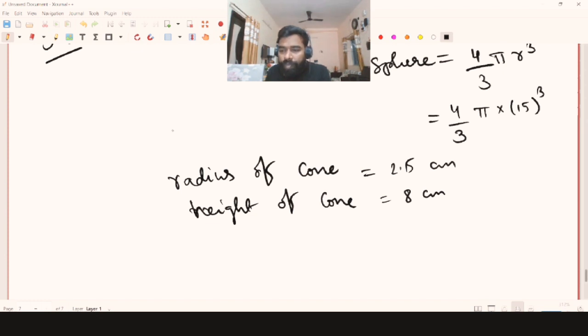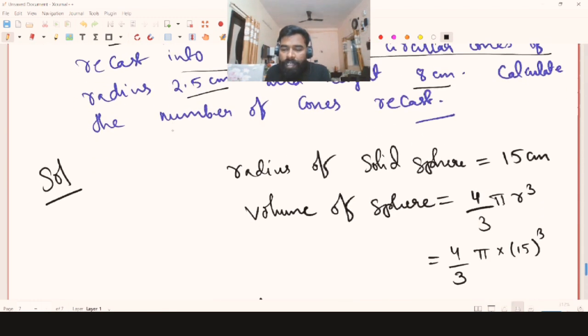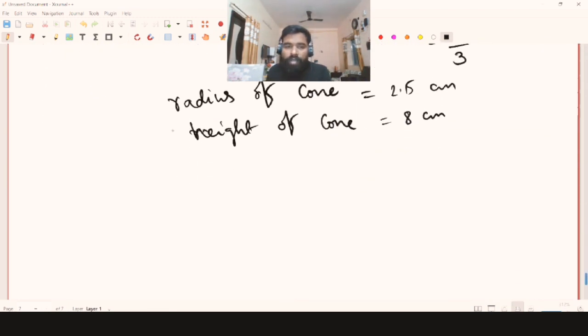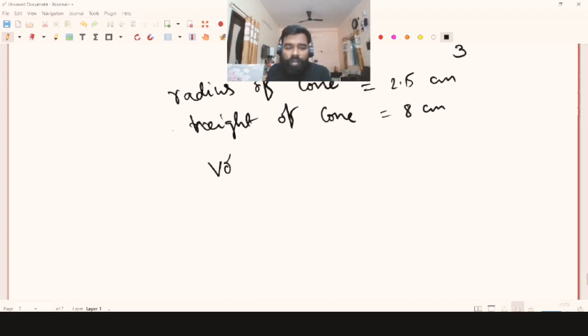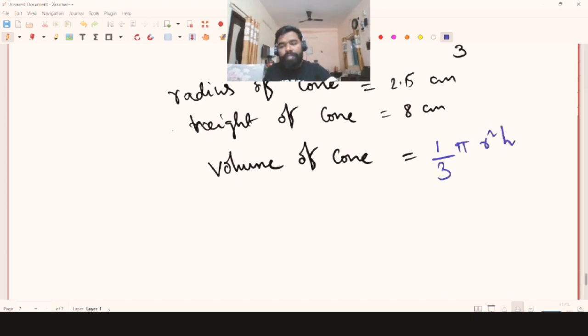Next we need to find the volume of the cone. If you know the formula, the cone's volume is 1 by 3 pi r square h. So r is 2.5 whole square and h is 8.